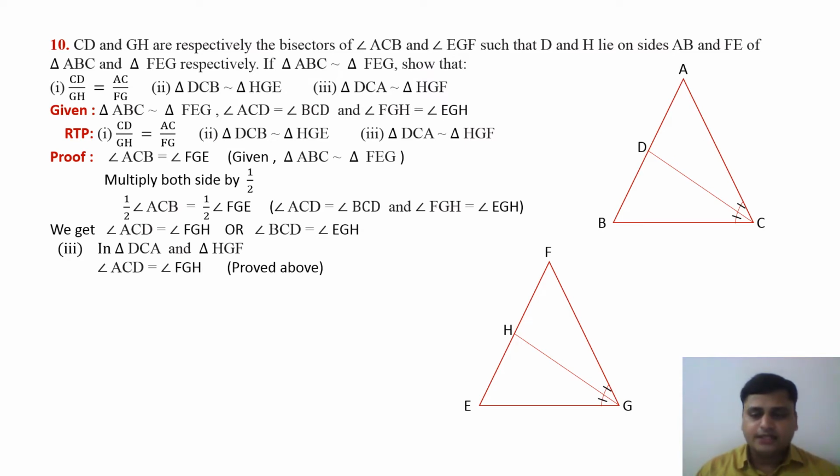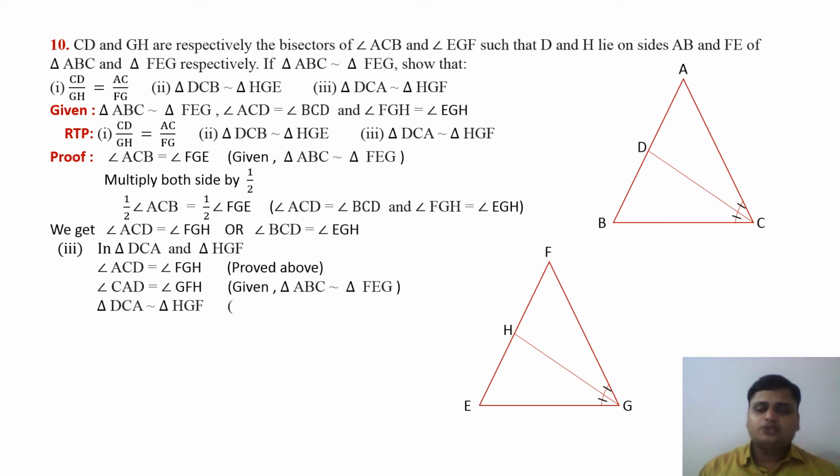And after that, angle CAD is equal to angle GFH. That is given. It is clearly given that those two triangles are similar. So we can say that triangle ACD or DCA is similar to triangle HGF by angle similarity.